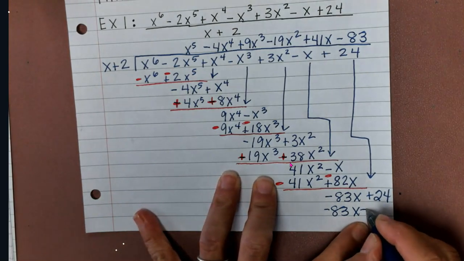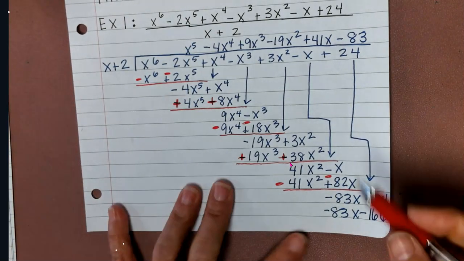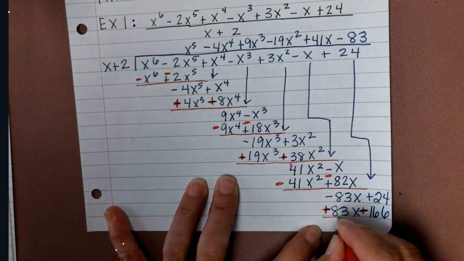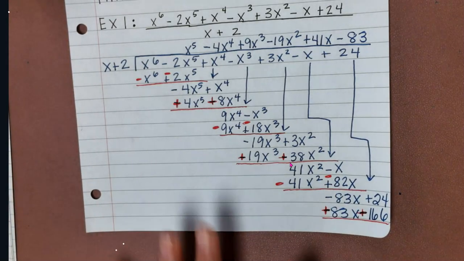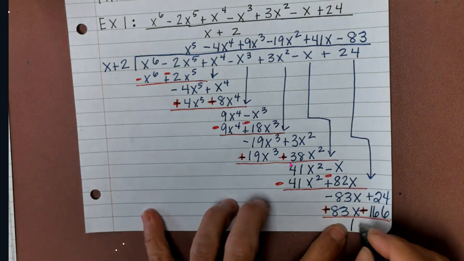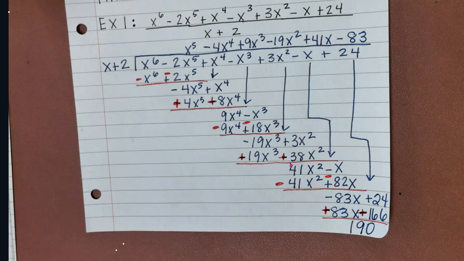This is going to be a negative 166. Red pen time. Change your signs. So a positive 24 and a positive 166 is 190. The remainder is 190.